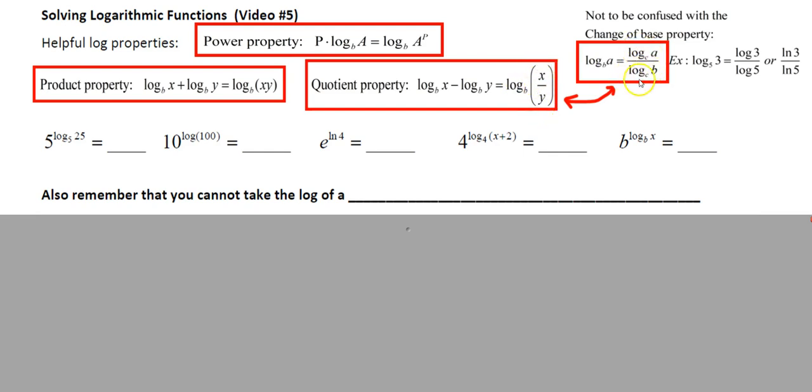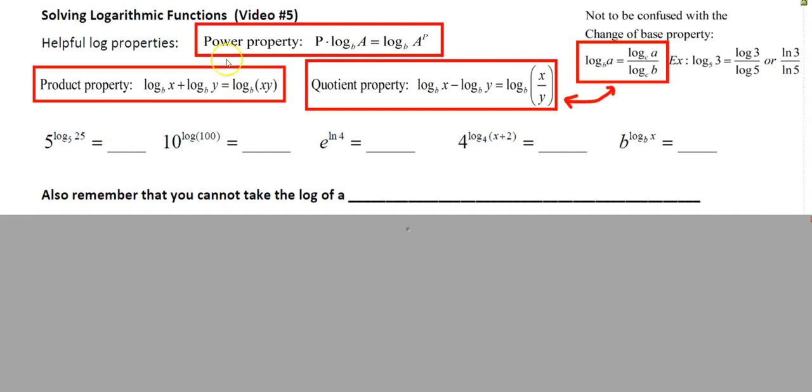This is two logs divided by each other, so they are very different. This change of base property is particularly useful if you have a calculator that does not do log bases other than natural log and common log. So you can always evaluate a log like this using common log or natural log.